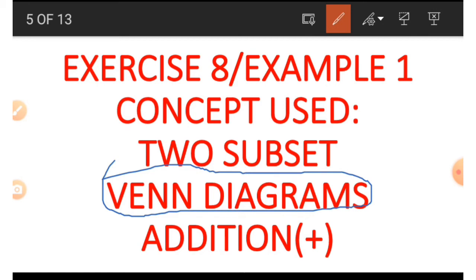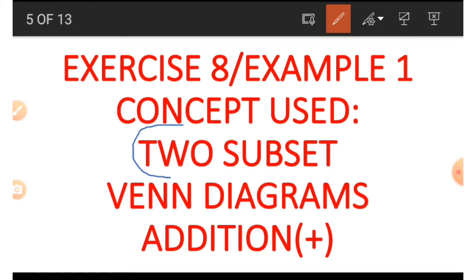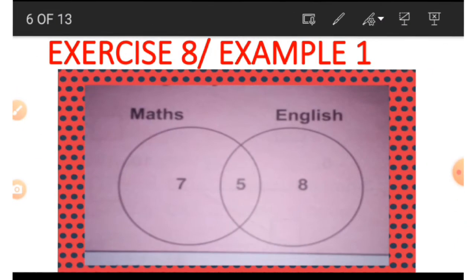In this example 1, we are going to be looking at 2 subsets, although we can have 2 or 3 subsets. When we say 2 subsets, it means it has 2 circles, 2 circles representing different items.